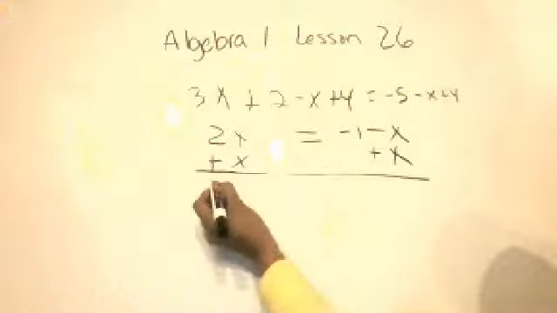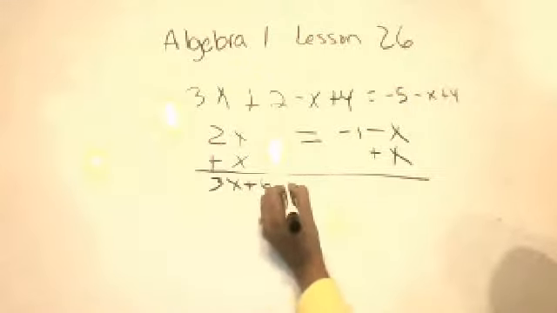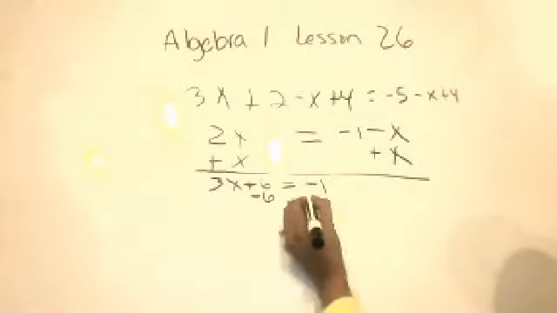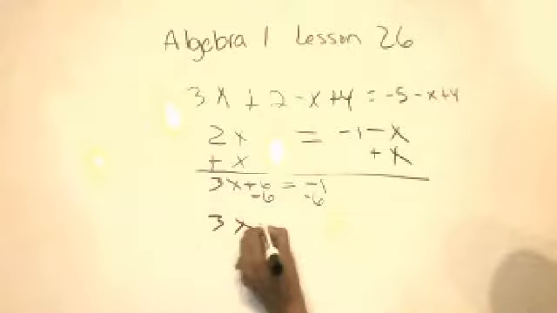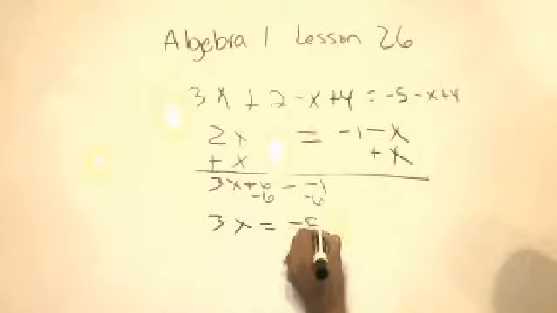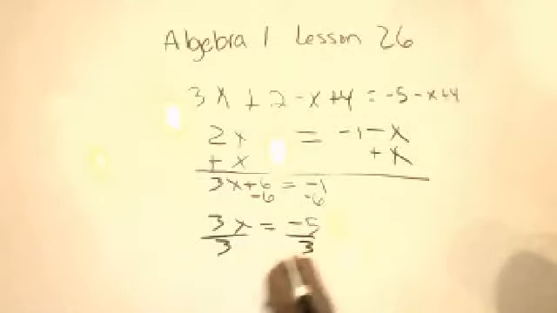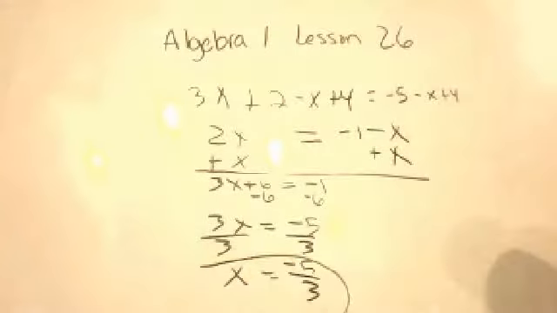This gives me 3x plus 6 equals negative 1. You're going to subtract 6 from both sides, and you get 3x equals negative 5. Then divide both sides by 3, and you get x equals negative 5 thirds. Simple as that.